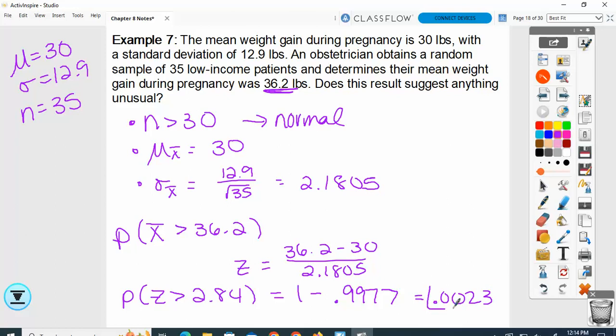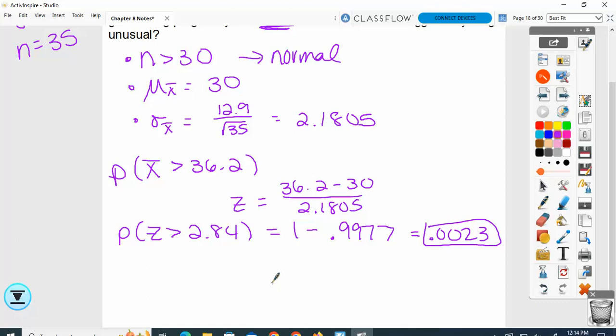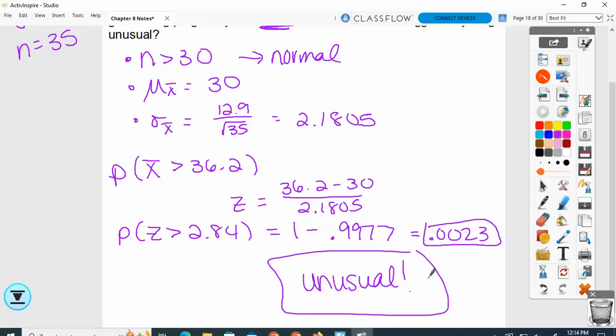So there is only a 0.23% chance of this happening. So is it unusual? Yes. Okay. So what that means is either we have a bad sample for some reason, or the average weight gain for the low-income families is higher than what we expected. So either we have a bad sample, or there's something that makes this sample different than the entire population. Okay, that's 8.1.